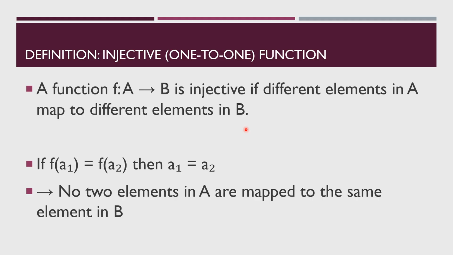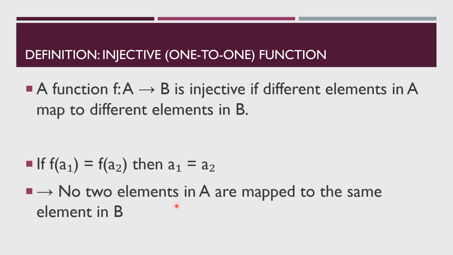A function is said to be one-to-one if different elements in A map to different elements in B, which means that mathematically, if f of a1 is the same as f of a2, then a1 is equal to a2.